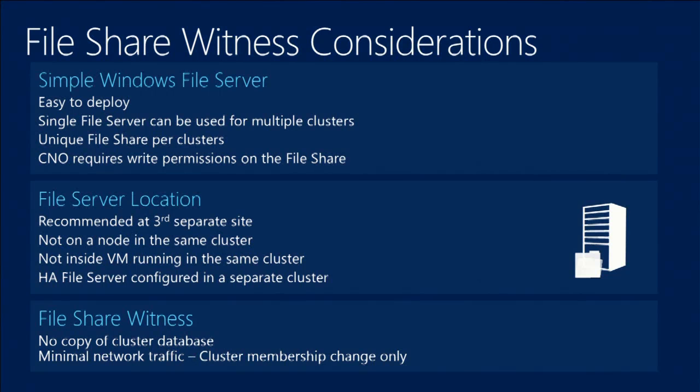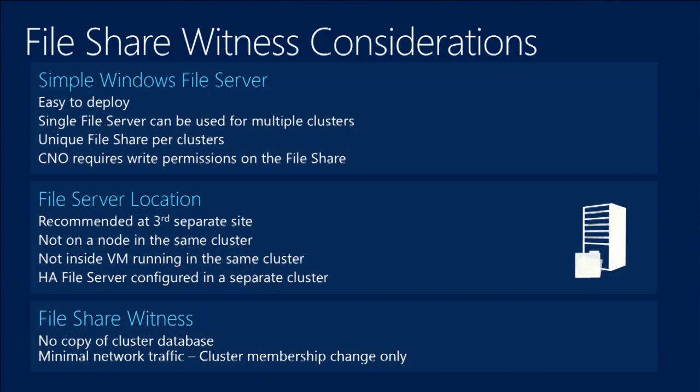The key difference between the file share witness and a disk witness is that it does not have a copy of the cluster database. Let's say you make a configuration change in a cluster. The change gets replicated to all nodes in the cluster. If you have a disk witness, that change gets written to the disk witness.